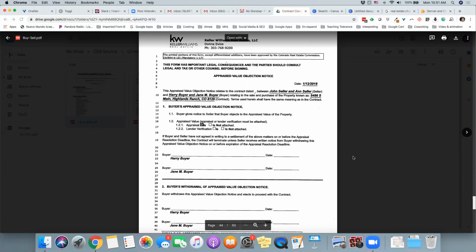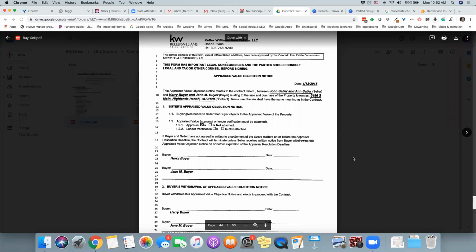You want to terminate, you can terminate under appraised value, but try to hold it together and make sure everybody is in agreement on how to do it, amend, extend, changing the selling price or something of that nature. But this is a document that we will probably see used more after COVID-19 because the values, I think, will readjust a bit here. So let's make sure you're familiar with that.